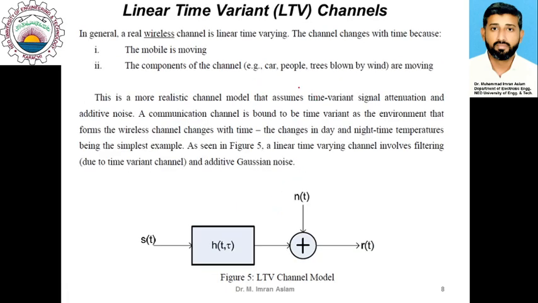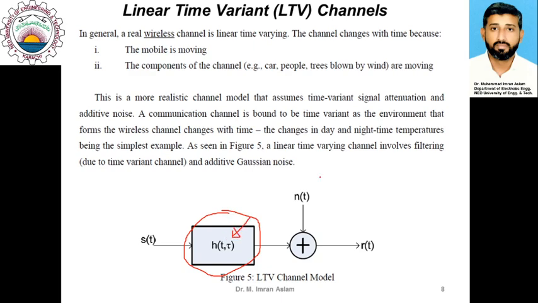So mathematically, linear time variant channels are also modeled in the same way. This channel has a certain impulse response, but there is a difference from the time invariant case: this impulse response is now a function of time as well as tau.